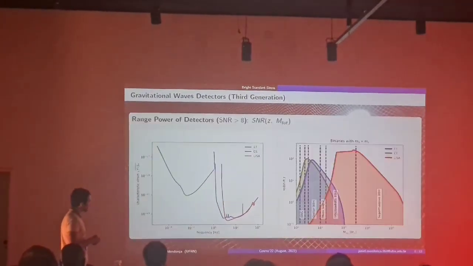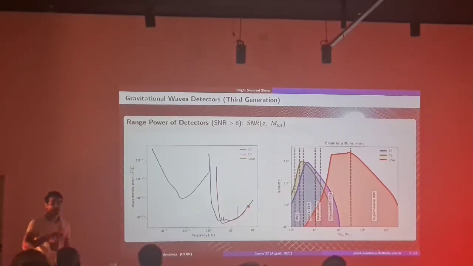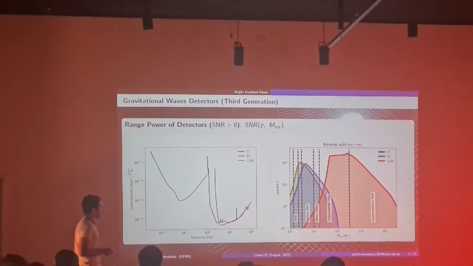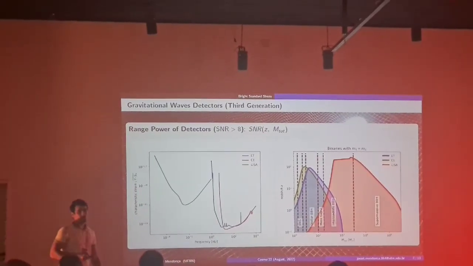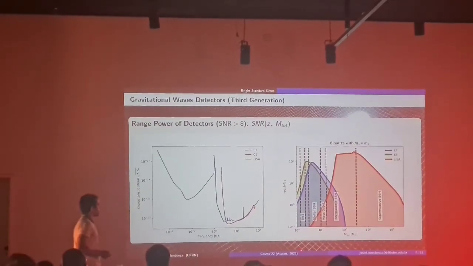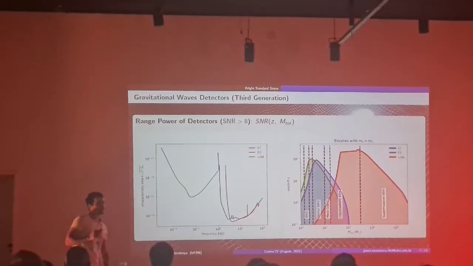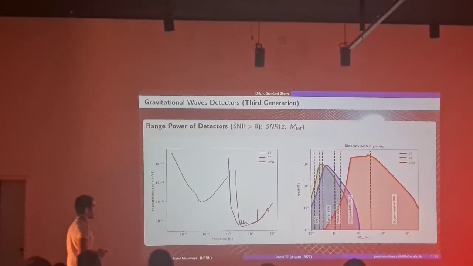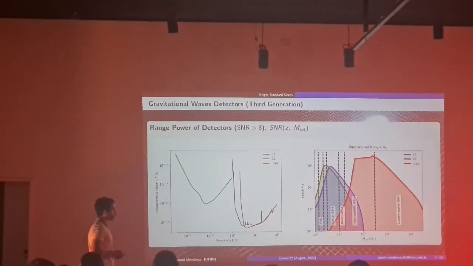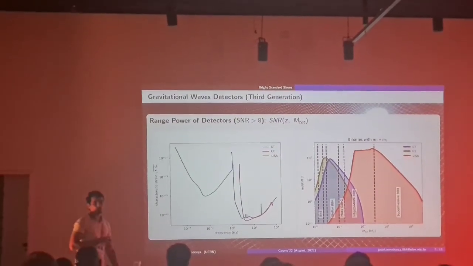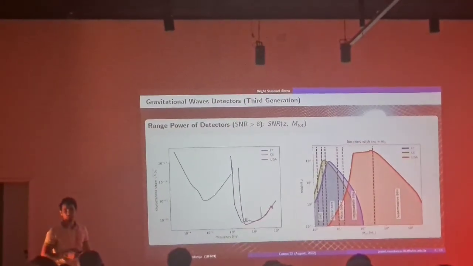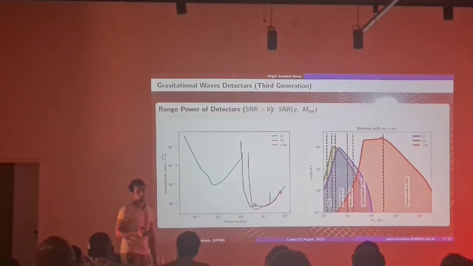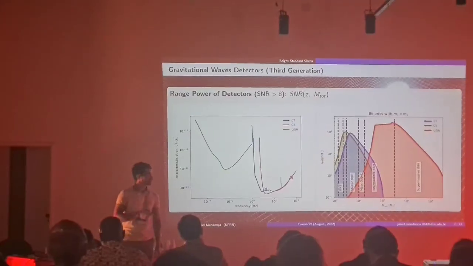With these detectors, we can reach distances much higher than the current ones with LIGO, Virgo and KAGRA. For example, with binary neutron star systems, the Einstein Telescope and Cosmic Explorer can go up to redshift around 6 or 7, and this is good for us to perform cosmology.